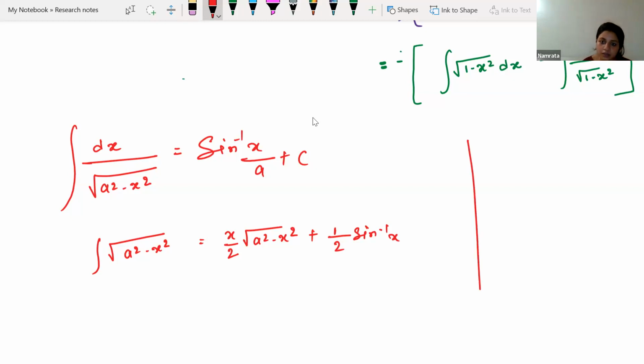Okay, let me use the proper method. 1 minus x square can be written as under root. We are trying to make it a square formula, but eventually it will land us on something else.